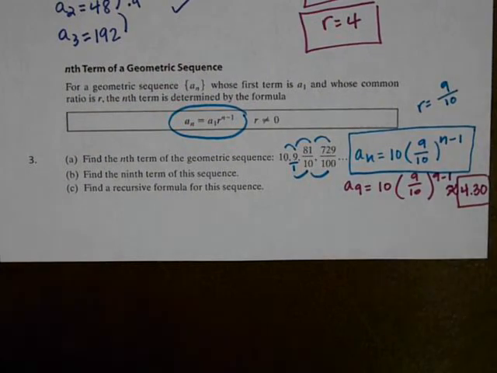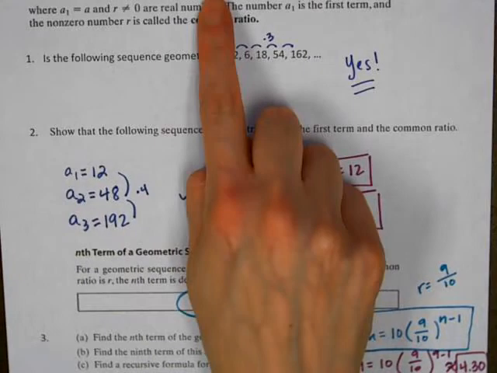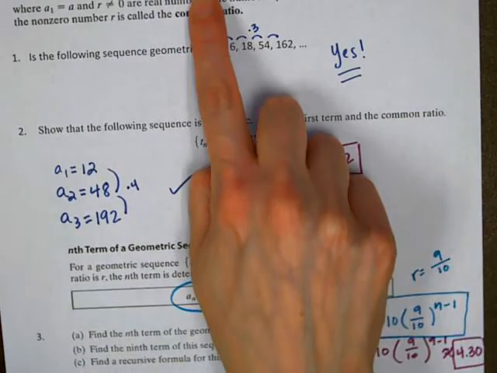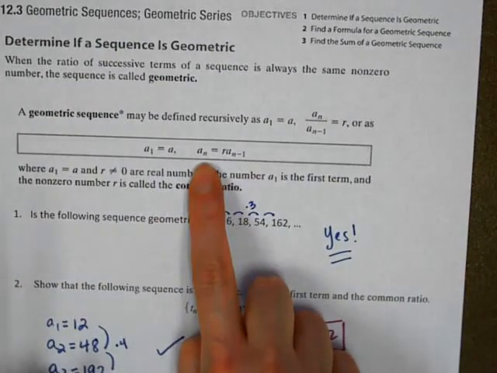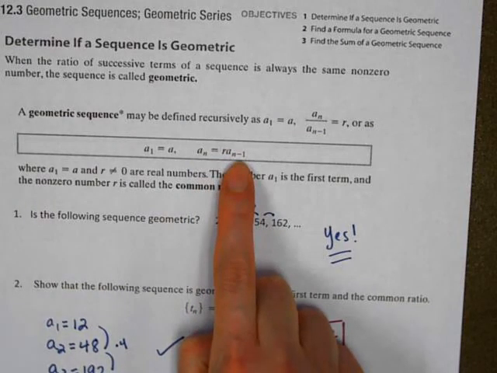Okay, and then C, find a recursive formula. So a recursive formula is where you go back and say, to find any term number, it's the ratio times the previous term.